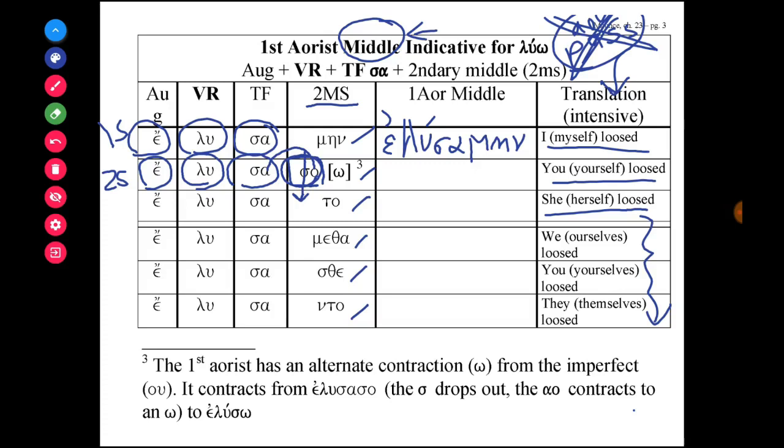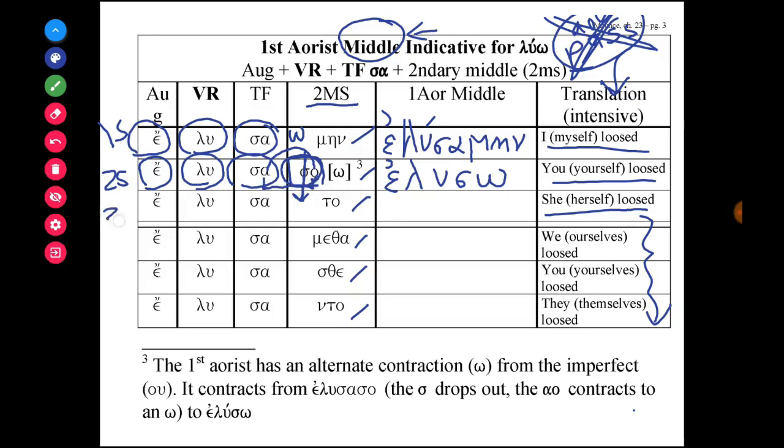They contract to an omega. So we would not expect elusaso, but instead we would expect eluso, where the sigma has dropped and the alpha and omicron combine to give you that omega. And that's you yourself loosed.